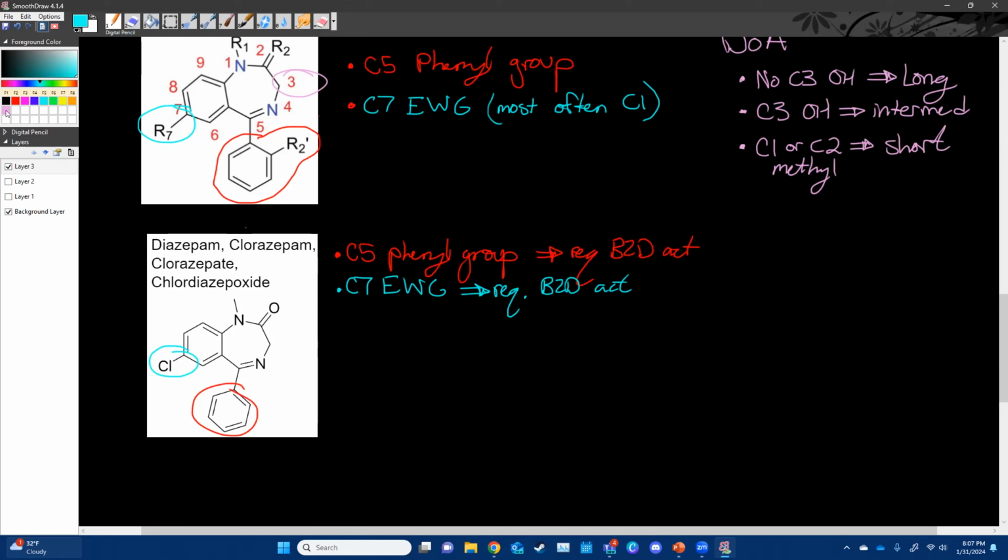And then finally, what really tells us our rate of metabolism is if we have an OH at carbon 3.